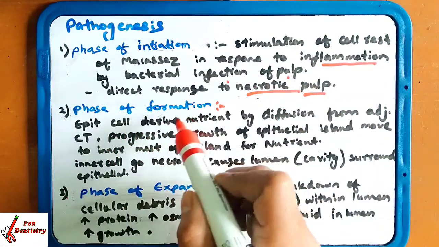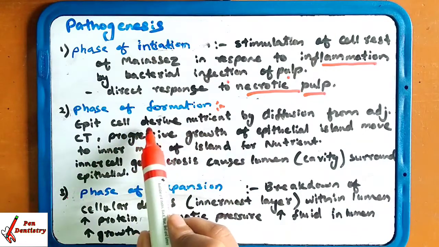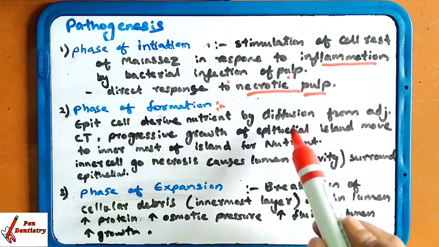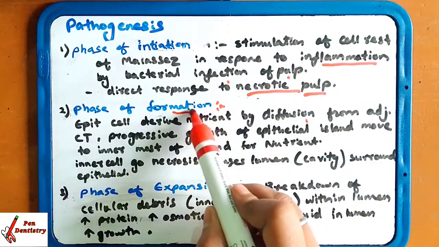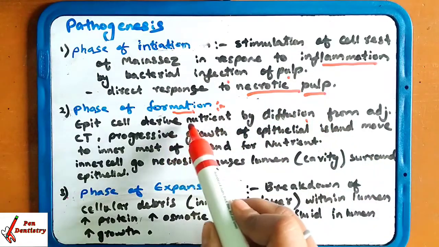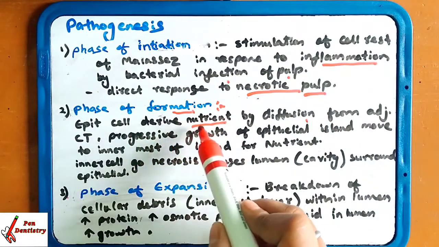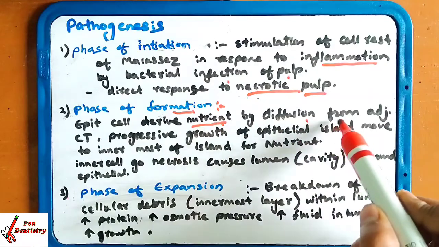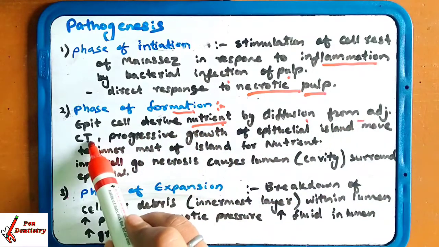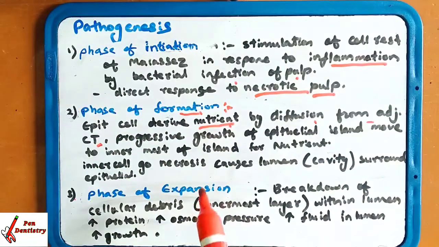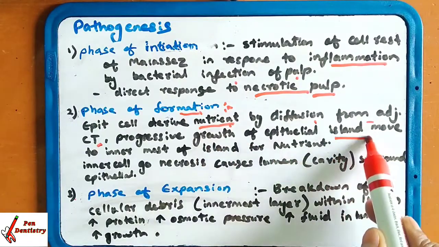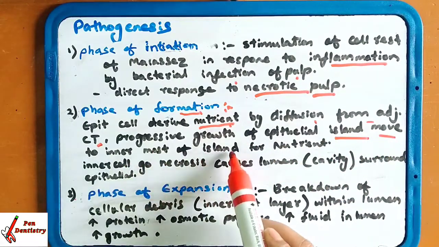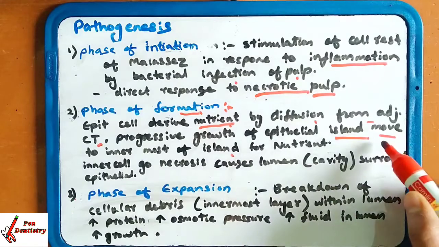Phase of the formation. Epithelial cells derive nutrition by diffusion for the growth. They need nutrition, so epithelial cells derive nutrition by diffusion from the adjacent tissue. Progressive growth of epithelial islands moves the nutrition away from the innermost cells.